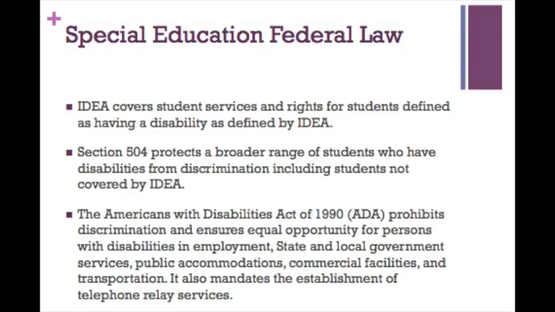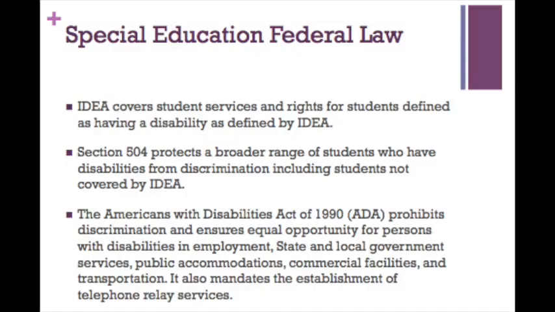People who have a history of or who are regarded as having a physical or mental impairment that substantially limits one or more major life activity are also covered. Major life activities include caring for oneself, walking, seeing, hearing, speaking, breathing, working, performing manual tasks, and learning.